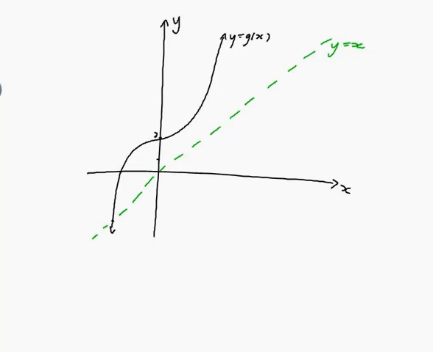This spot here would reflect over here like this. This spot here, the 2, would reflect over here like this. And then the general curve would just face the other way, so it would kind of be like that. So this would be y equals g inverse of x. And so now I've drawn g and g inverse on the same graph. And so my question is finished.